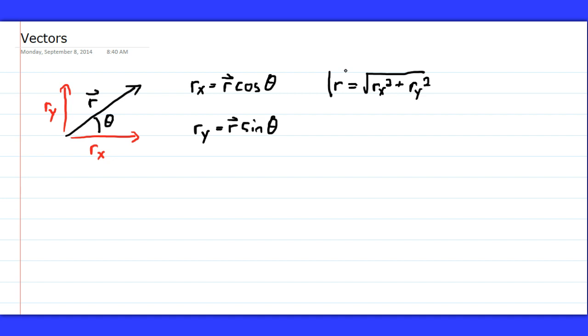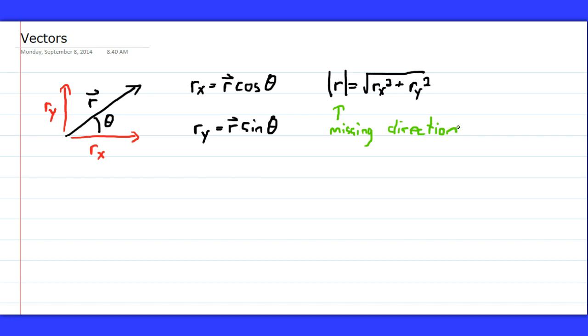This just gives me the magnitude of vector r. And so I'm going to use brackets around it to indicate that it's just a magnitude. It's not the entire vector because this magnitude is missing direction. So without direction, it's not a vector quantity.